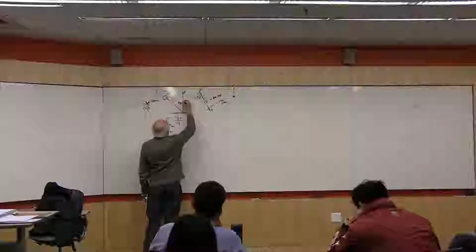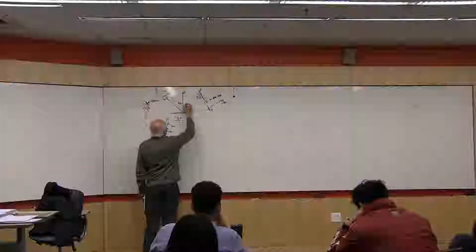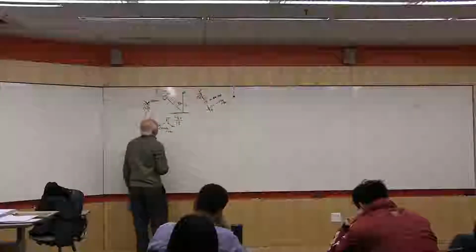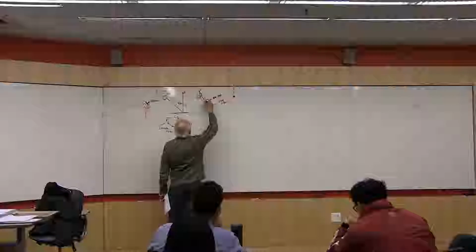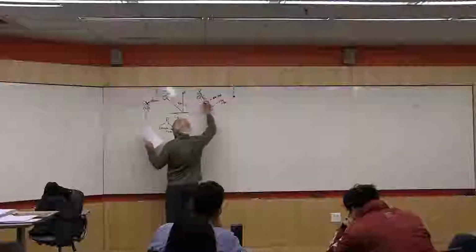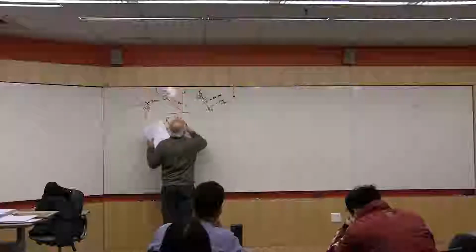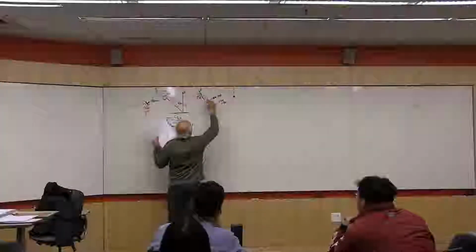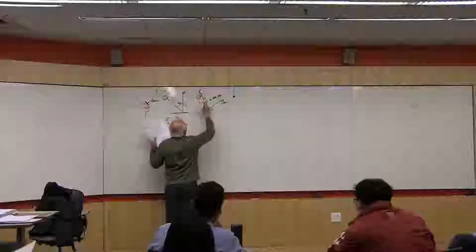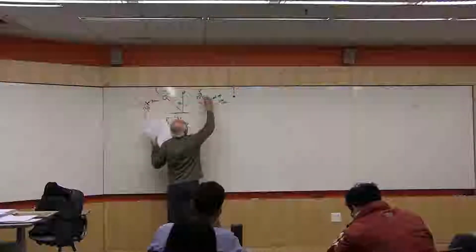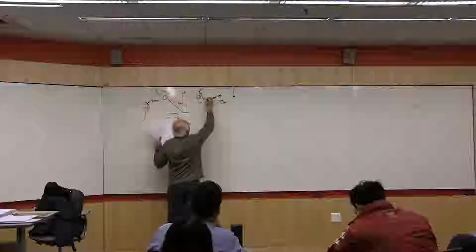Namely, if I call this normal to the horizontal surface GB versus that one, this is GBN and this is GB, now that I wrote it on that, T for tilted.